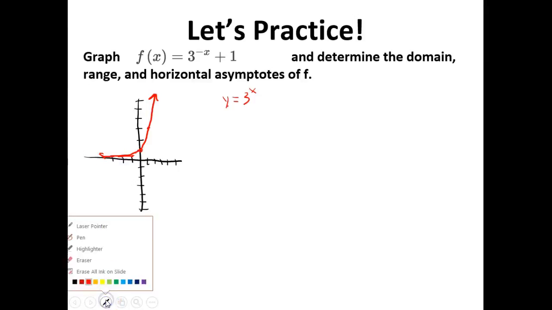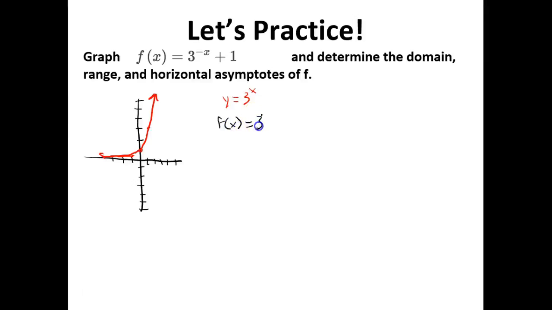Well, what does the actual function we're asked to graph look like? That's f of x is equal to 3 to the -x plus 1. What does this plus 1 do? Well, it's outside of everything else, so this plus 1 is going to shift everything up 1. What does this minus do in front of here?